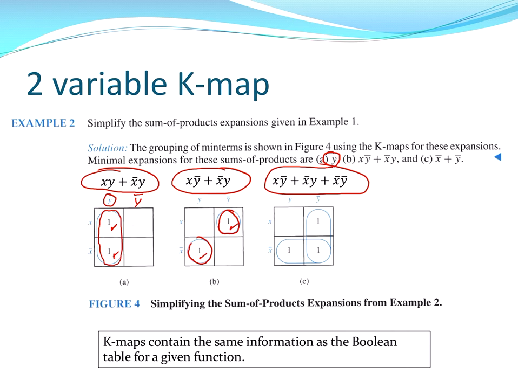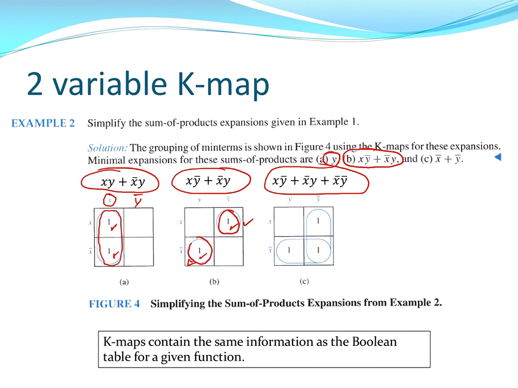And nothing changes in these, so x doesn't change and y bar doesn't change for this first one, and x bar doesn't change and y doesn't change for this second one in its complementation. So it turns out this function is already minimized. I can't simplify it any further.